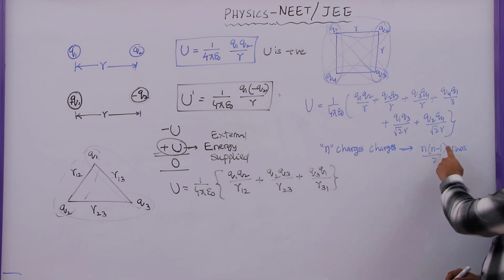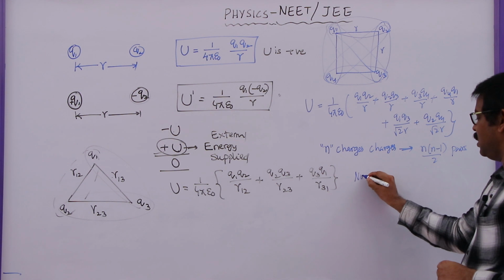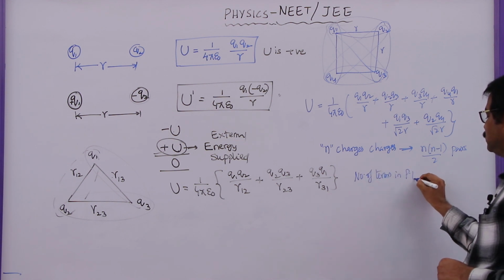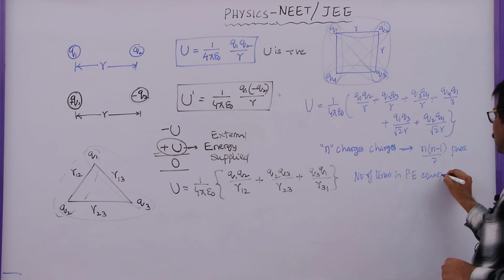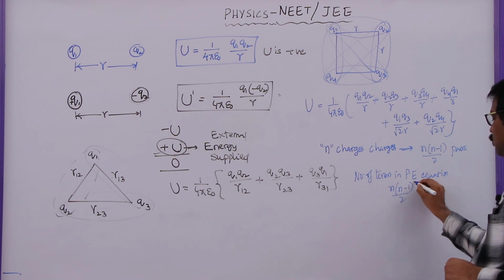So the number of terms in the potential energy equation should be n(n minus 1) by 2.